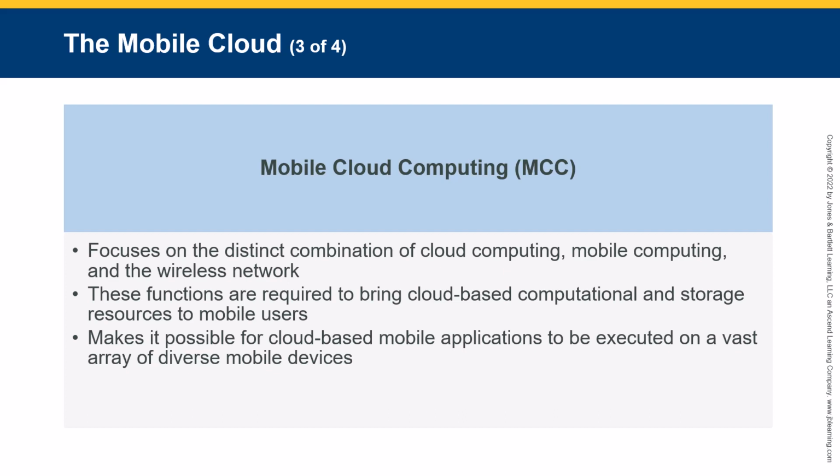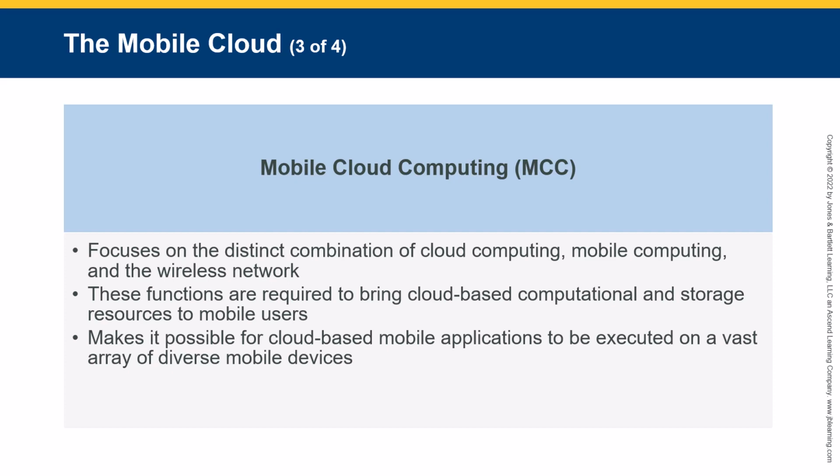You want high-speed bandwidth because you have cellular data that's attached to that VM? Sure, why not? This makes it possible for cloud-based mobile applications to execute on pretty much anything. Again, that's because the actual processing and resources aren't really on your mobile device. Your mobile device is just connecting to a remote resource.